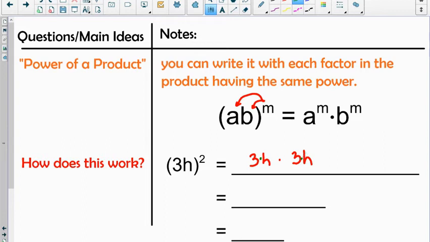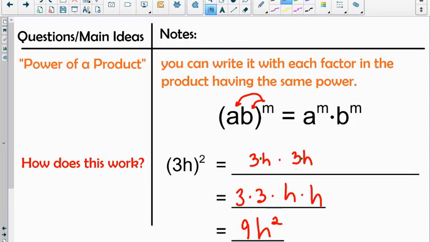So 3 times h times 3 times h. So we could rearrange using the commutative property and say it's 3 times 3 times h times h, which, when we simplify, 3 times 3 is 9, and h times h is h squared.